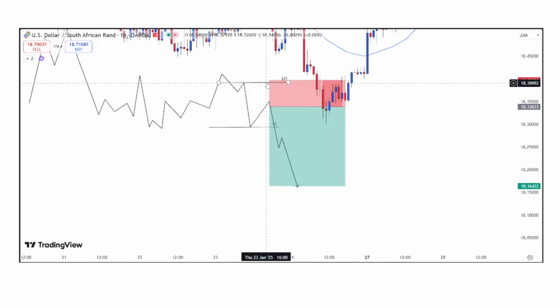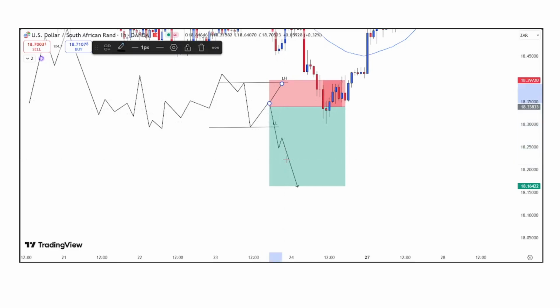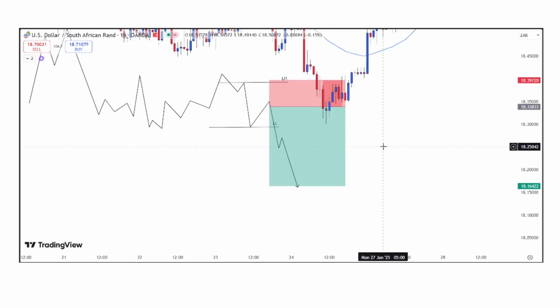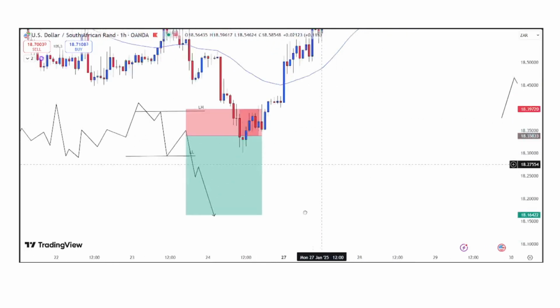You're completely wrong. But again, price can come all the way back to here, touch that line, and then drop, and you're still bearish.